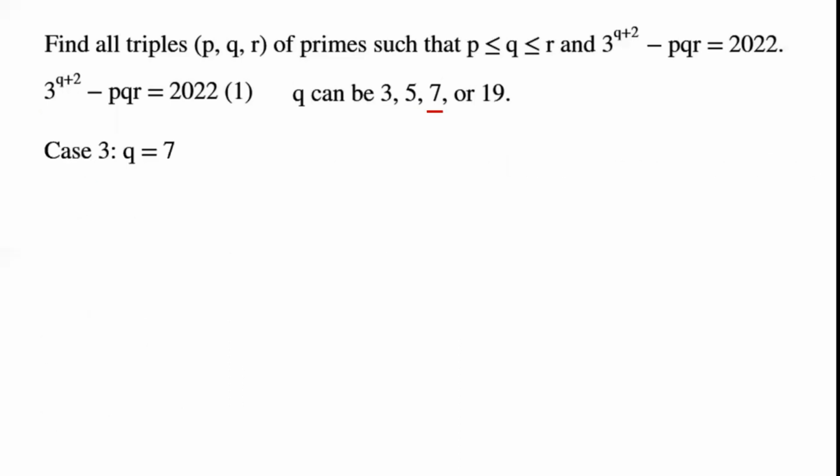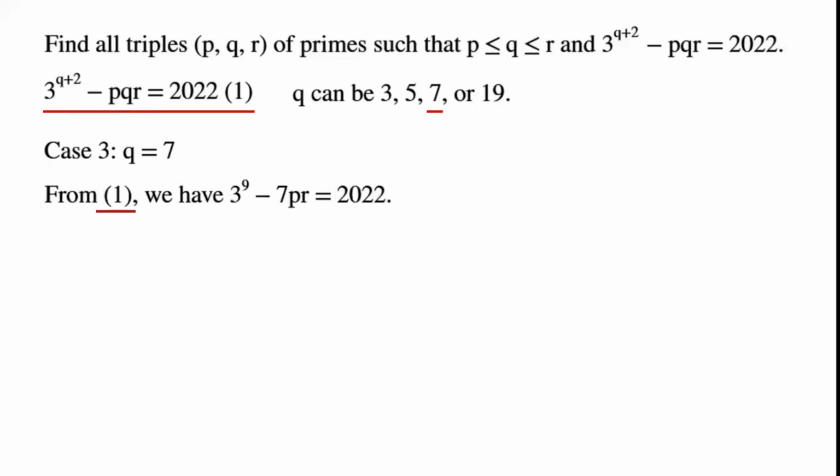Case 3, Q equals 7. From equation 1, we have 3 to the power of 9 minus 7PR equals 2022. 3 to the power of 9 equals 19,683.